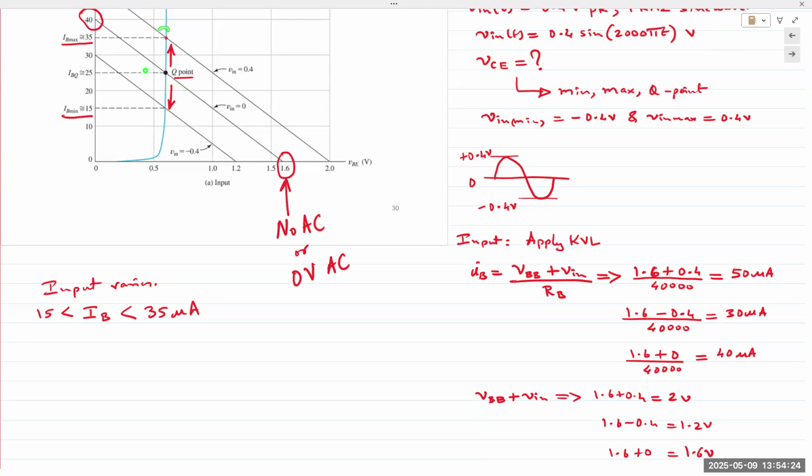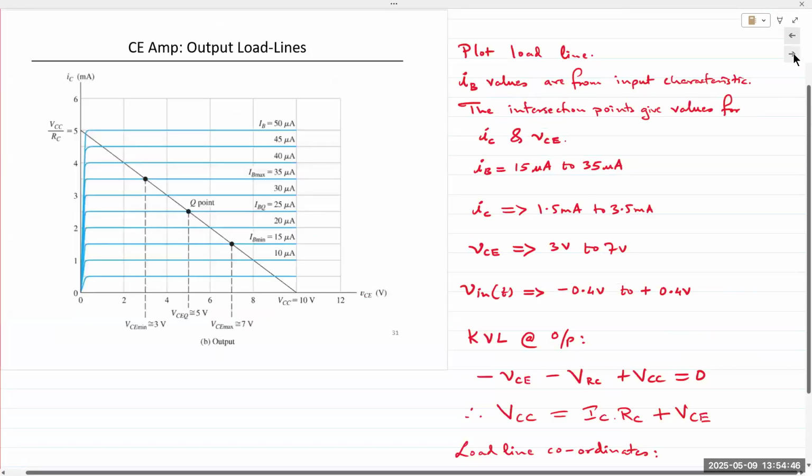That is the maximum value and that is the minimum value, based on the peaks of 0.4 and minus 0.4. And so you obtain 3 Q points. These 3 intersection points are the 3 Q points on the input side. We take those 3 points because that's the value of the input current, and we map them to the output. And this is what happens at the output.